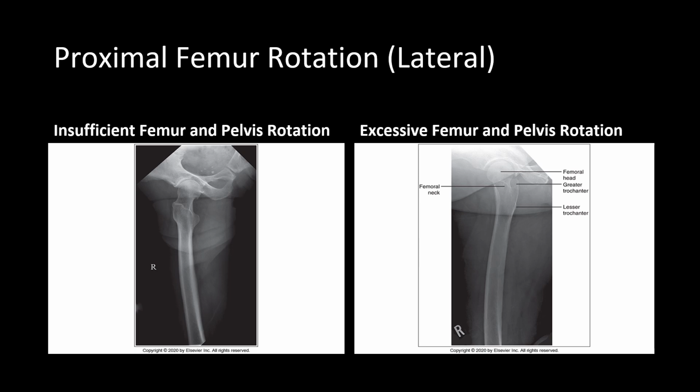If the femoral epicondyles are not rotated enough to be placed perpendicular to the IR for the lateral proximal femur, the image will demonstrate that the greater trochanter is not positioned beneath the neck and head, but is partially demonstrated laterally, as you can see here. Also, the lesser trochanter is partially demonstrated medially, as you can see here.